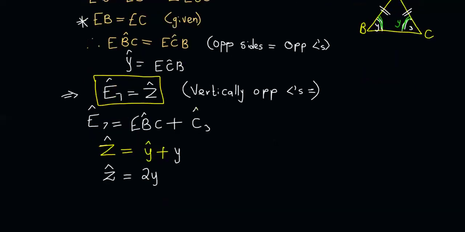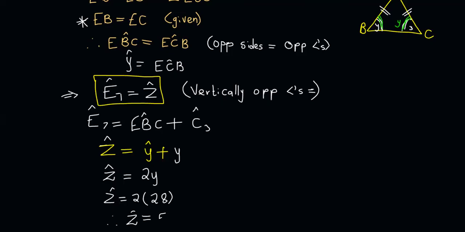Y was 28 degrees. You're going to write 28 degrees here, and then you multiply. Therefore, the size of angle Z is equal to, what is 2 times 28? That is 56. That is 56, guys. It means to say this is 56 degrees.